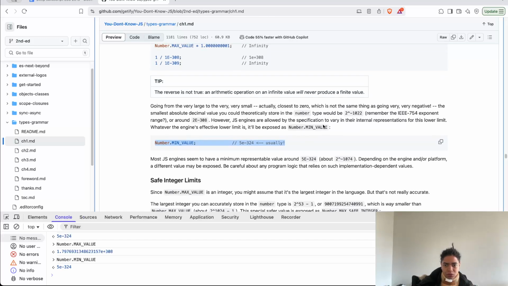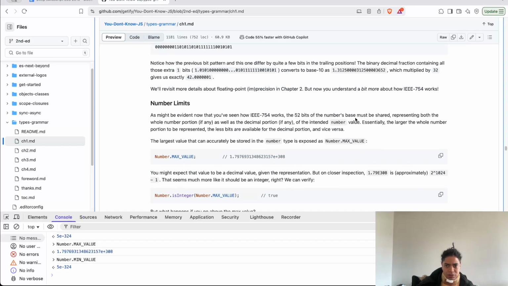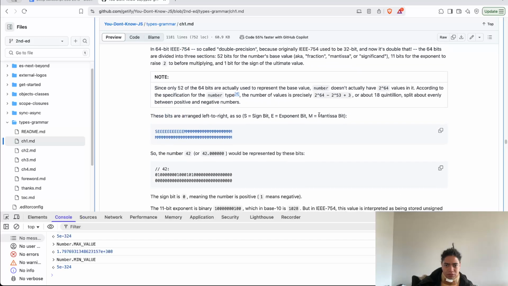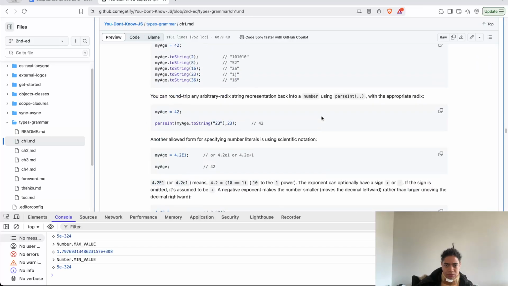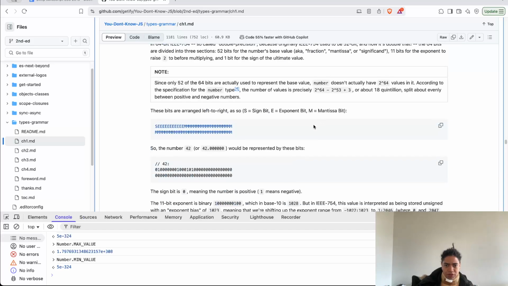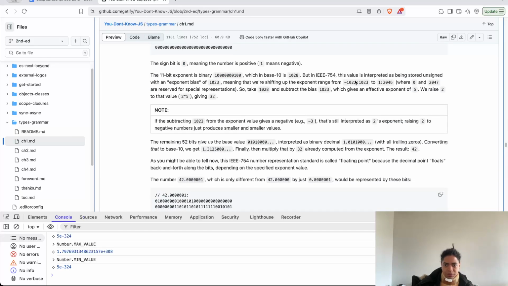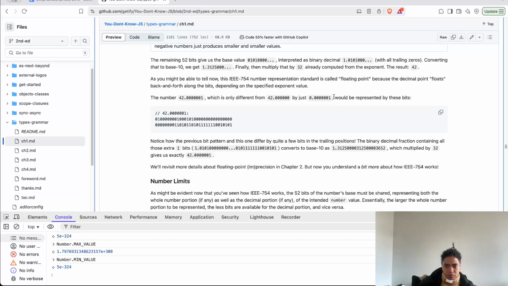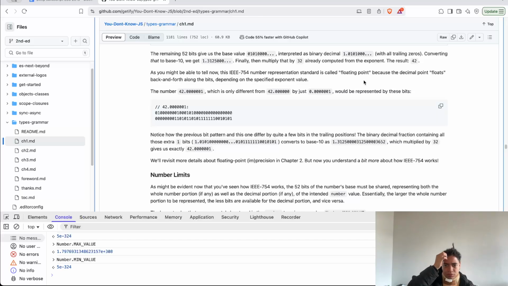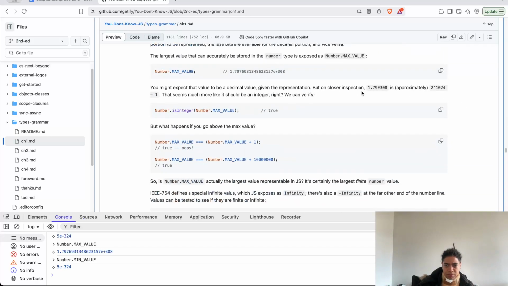So in other words, the max value is 2 to the power of, exactly, the max value here is this.